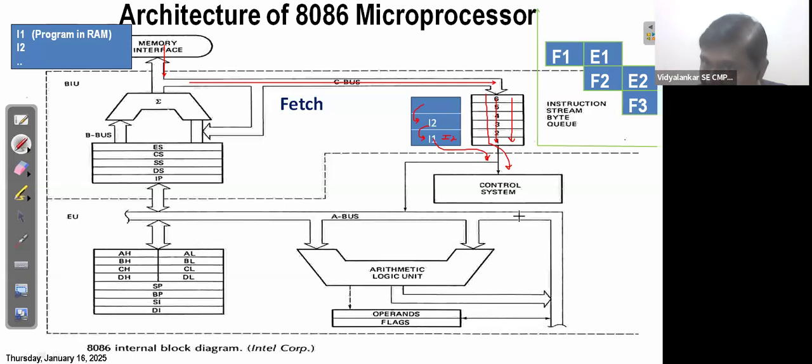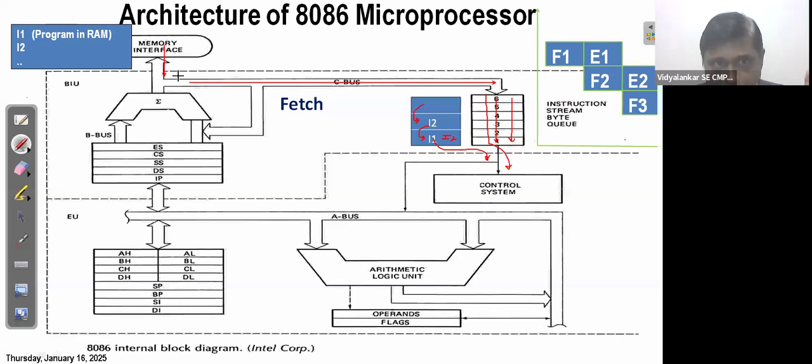Okay, let me again repeat, क्योंकि sometimes you get a question in your exam, explain instruction queue in 8086 processor carrying 5 marks. So you have to only explain instruction queue. So let me again quickly go through it.